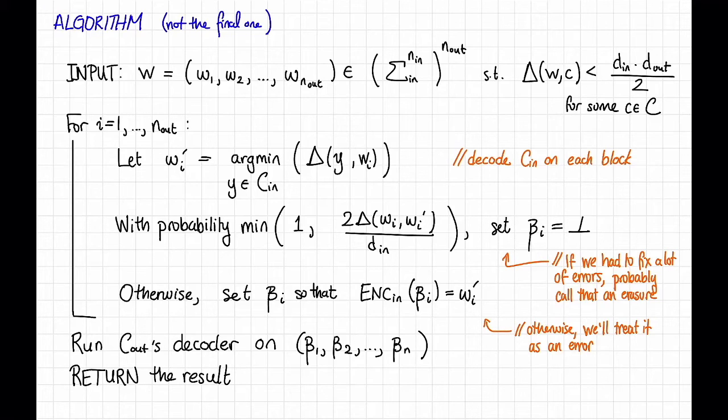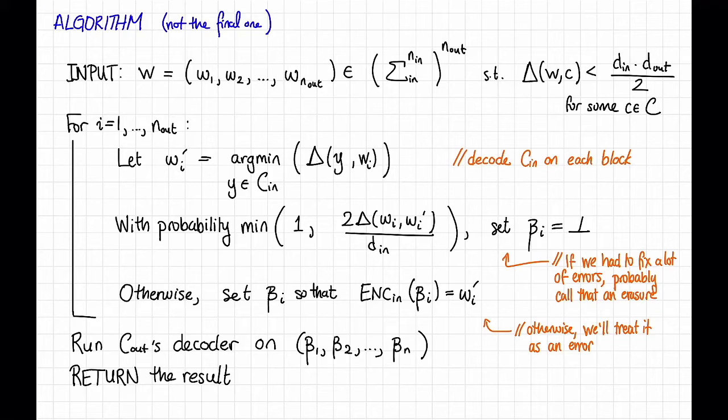Otherwise, we're going to choose beta i so that the encoding under the inner code of beta i is equal to wi prime, which was our sort of corrected chunk there. So basically what's going on here is that beta i is our best guess of what the original symbol in the ith place should be in the code word from the outer code.